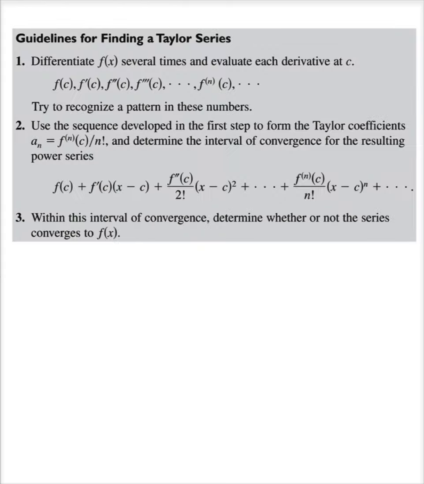Now, in general, guidelines for finding the Taylor series, just a brief review: differentiate several times and evaluate, make a table, look for patterns. Use a sequence developed in the first few steps of the Taylor coefficients: a sub n is the nth derivative evaluated at c divided by n factorial, to find your power series and your interval of convergence.